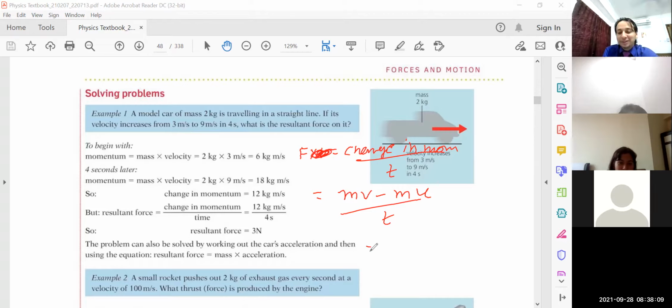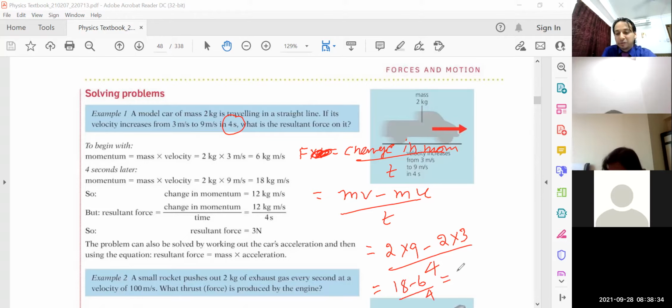What is mass? 2. Velocity, be careful children, remember this v for the final velocity I'm taking here, 9, minus m, again mass is 2, what is u? It is given in the statement, 3. Time is given, there is a change in speed within a time period of 4 seconds, divided by 4. 18 minus 6 divided by 4. 18 minus 6 is 12, 12 divided by 4.